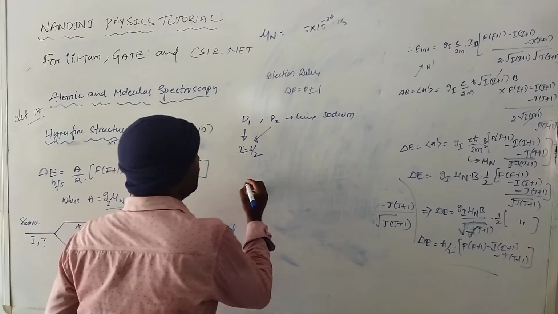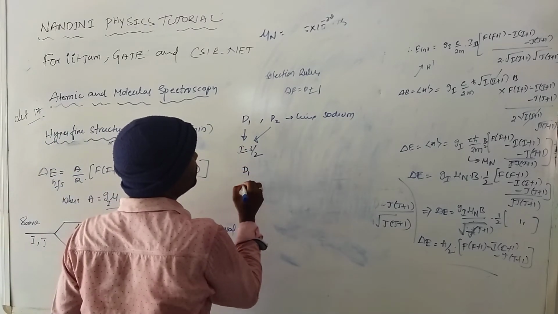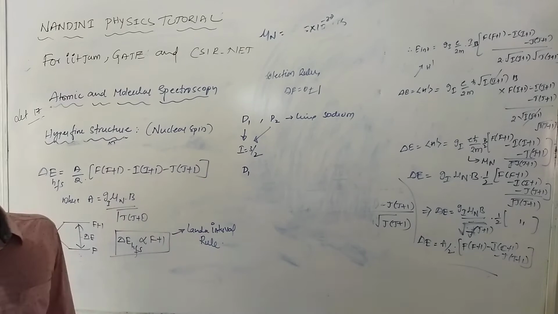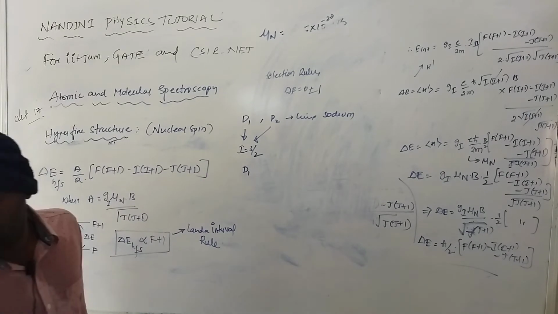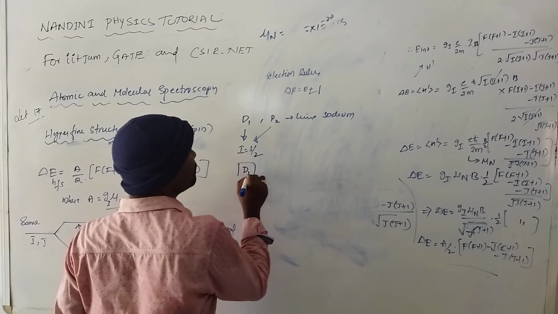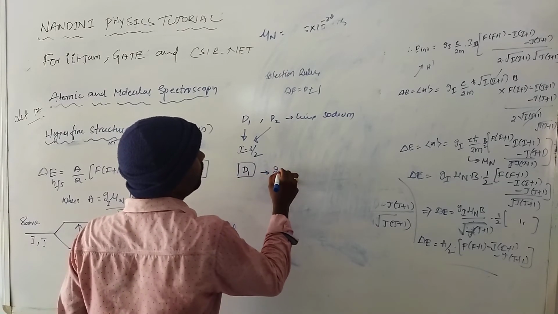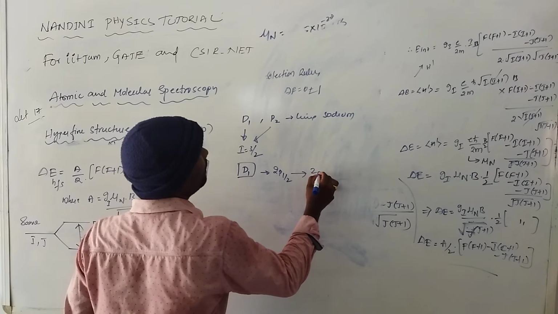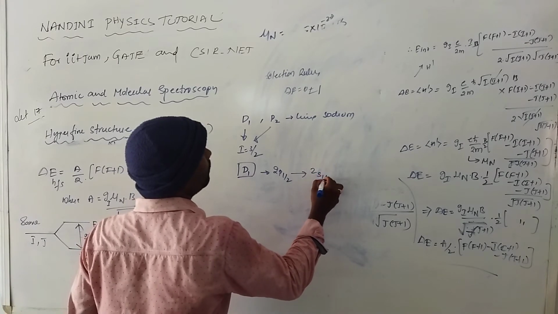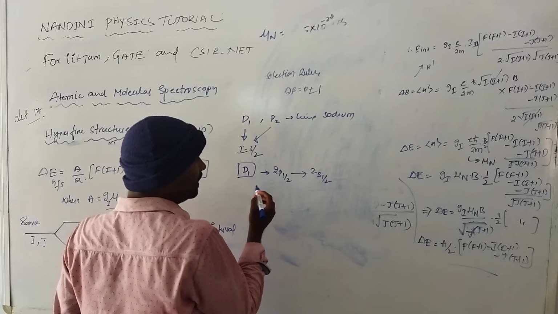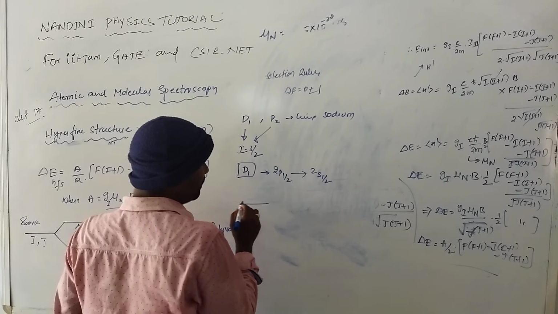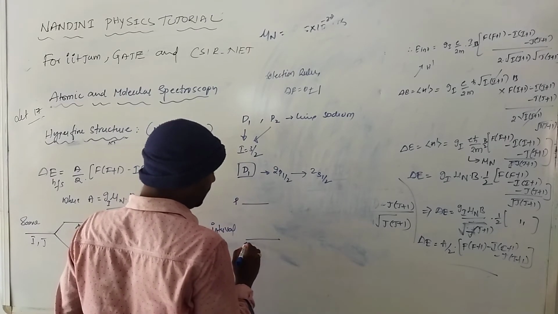So here, what is the D1 transition? D1 is the first line, and D1 is 2p 1 by 2 to 2s 1 by 2. So the atomic transition of the D1 line is 2p 1 by 2 to 2s 1 by 2. First of all, this is a p state and this is an s state.